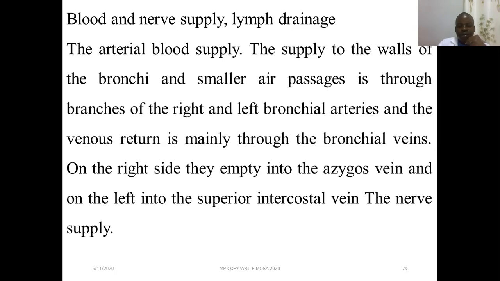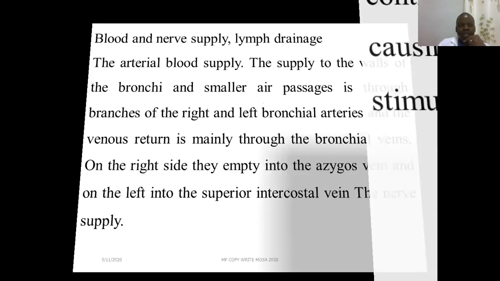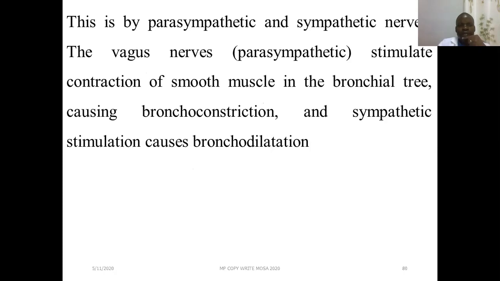The nerve supply is by parasympathetic and sympathetic nerves. The vagus nerves, parasympathetic, stimulate contraction of smooth muscle in the bronchial tree, causing bronchoconstriction, and sympathetic stimulation causes bronchial dilatation.